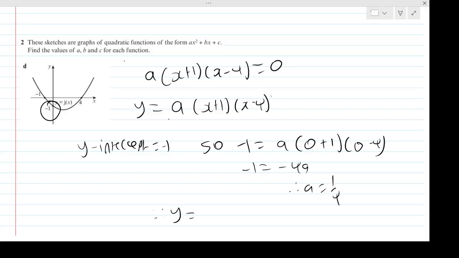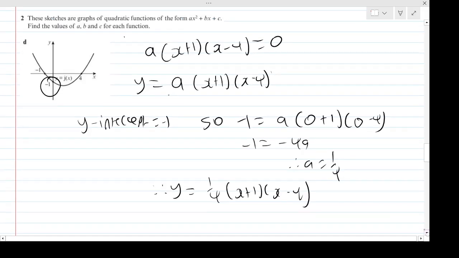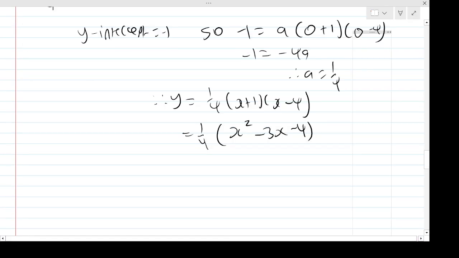That means finally my equation is y is a quarter of (x plus 1)(x minus 4), and there we are. And then we should expand it to get it in the form of a quadratic, so it'd be a quarter of x squared, take away 3x, minus 4. So if we expand this, we get a quarter x squared minus 3/4 x minus 1, and that is my final quadratic equation for the curve.